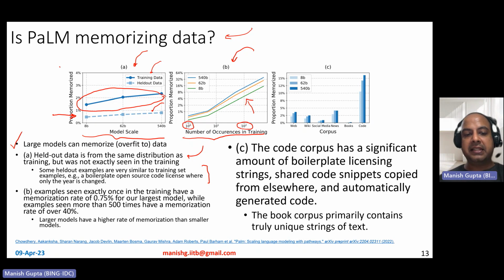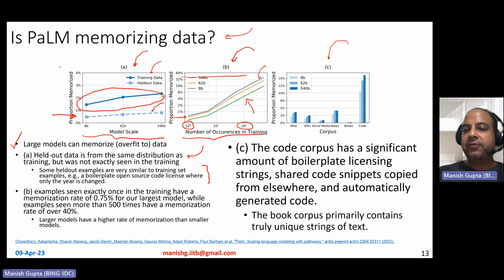What you observe is that examples seen exactly once in the training data have a memorization rate of just 0.75%, very small, even for the largest model, while examples seen 100 times or 500 times in the training data have a memorization rate of over 40%. Larger models clearly have a higher rate of memorization, but if something repeats like 500 times, the model memorizes it really well.